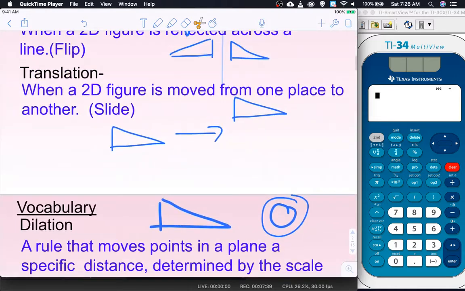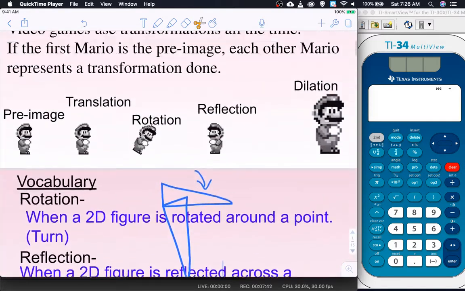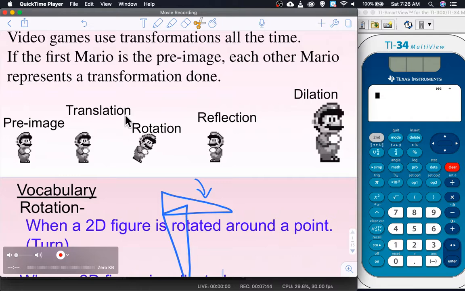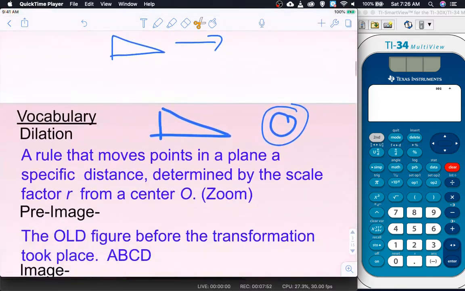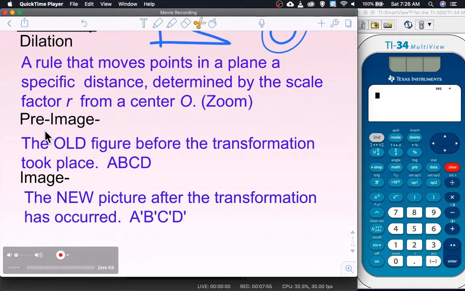All right, so those are the 4 types of transformations. These are actually the same 4 types we have up here. Translation, rotation, reflection, dilation. Those are the only 4 types of transformations we're going to talk about. Now there's a few other words that kind of go along with things like pre-image. You could probably take a guess before even looking at the definition.